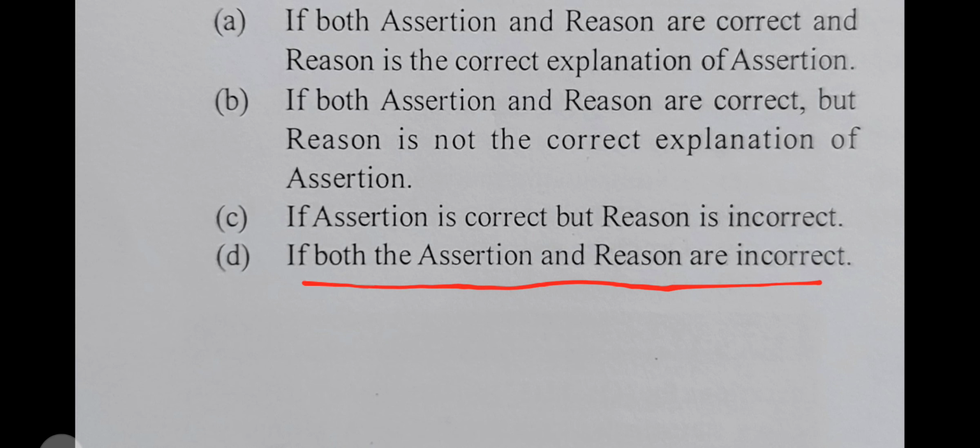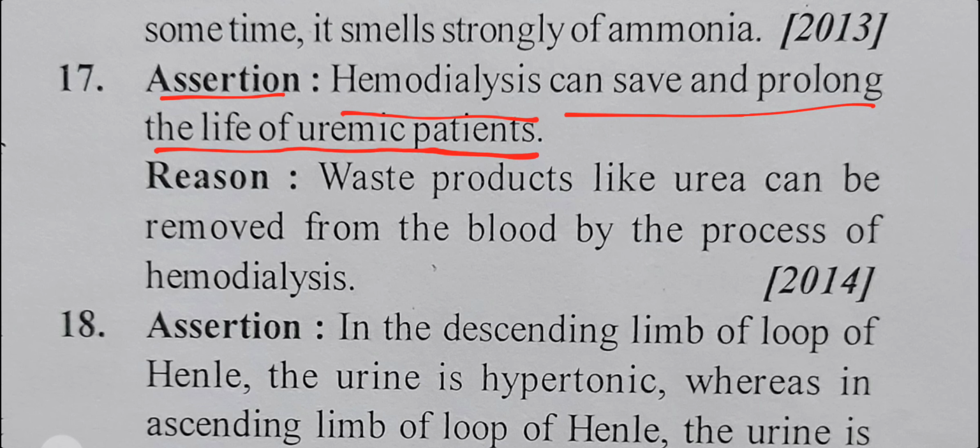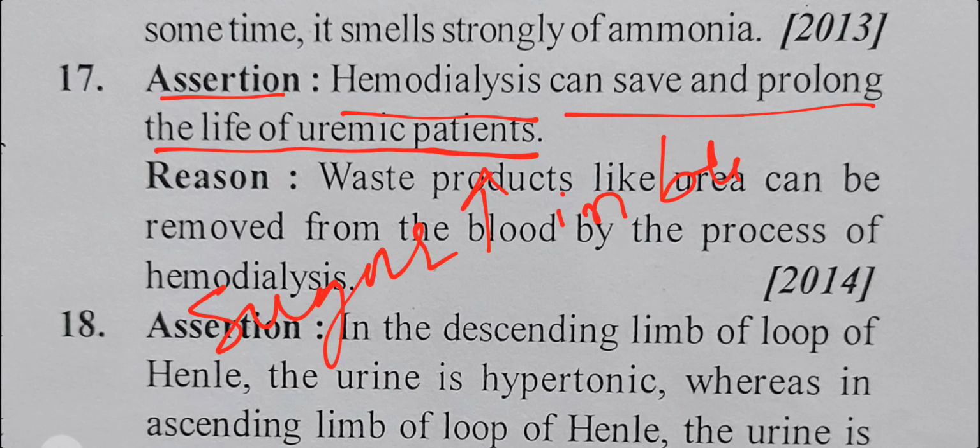Coming to the 17th question, the assertion given is: hemodialysis can save and prolong the life of uremic patients. In diabetes patients, there will be no production of insulin or breakdown of sugars, which leads to an increase in the sugar concentration in blood.